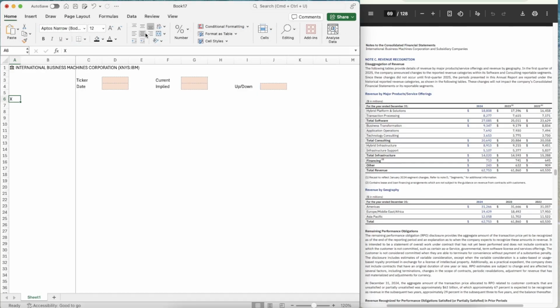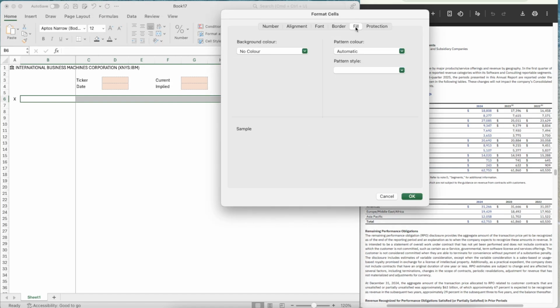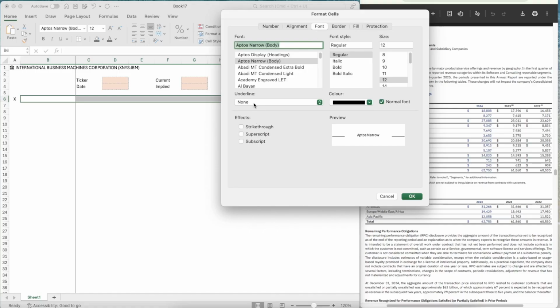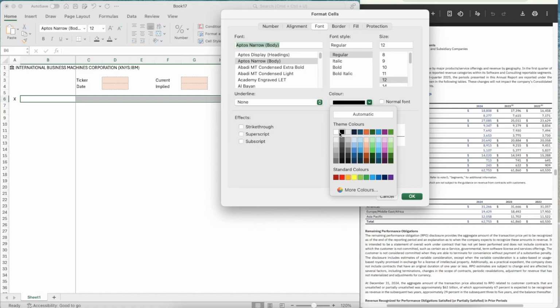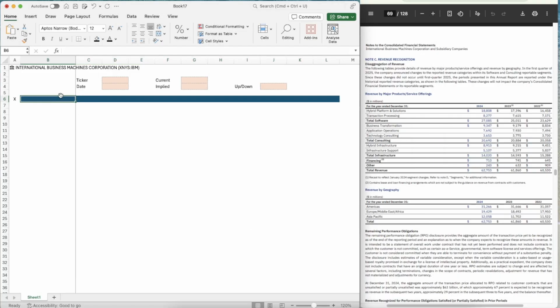Just center it. Fill. Put that in white because we're using the dark navy as the background.